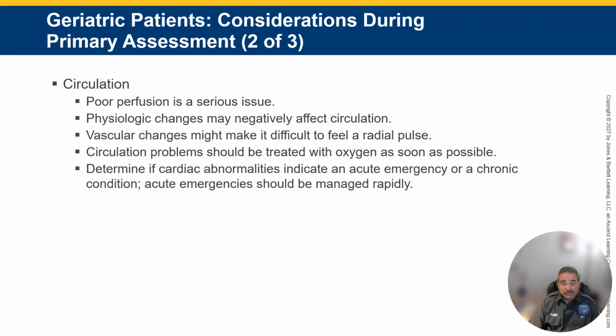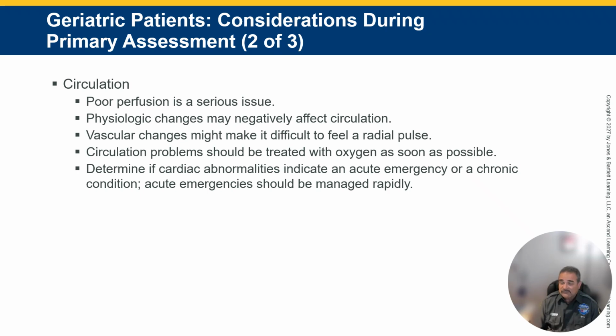Circulation, poor perfusion for the geriatric patient is bad. Their lungs and their heart and their tissues, their organs, need all the oxygen and all the perfusion they can get. Physiological changes can affect circulation. Vascular changes make it difficult for us to feel radial pulses sometimes.